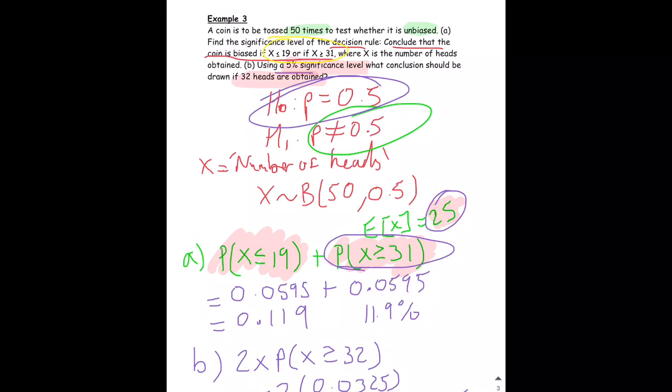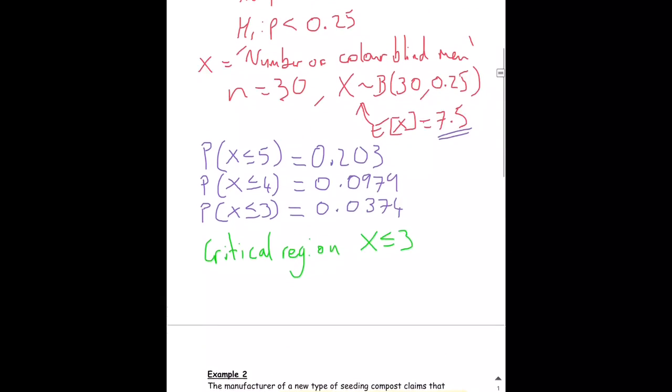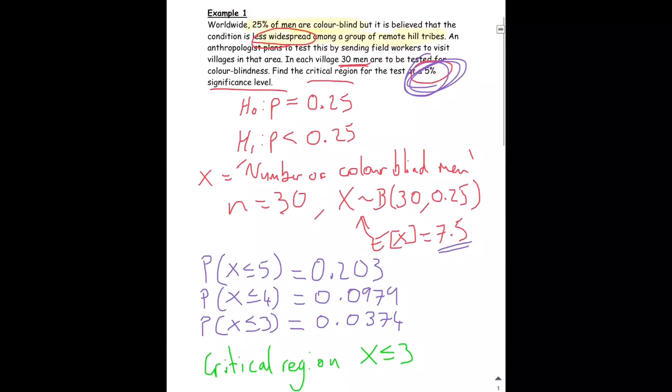And again, if they say, here's the significance level, find a critical region, like in this example, 5% significance level, well, you need to find the first value more extreme than your expected value that would lead to rejecting H naught.